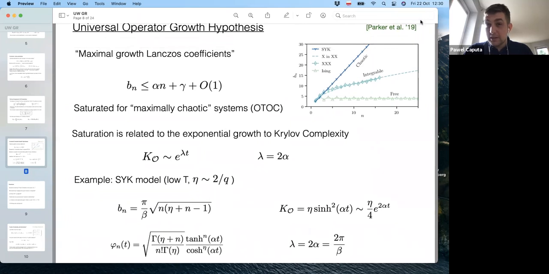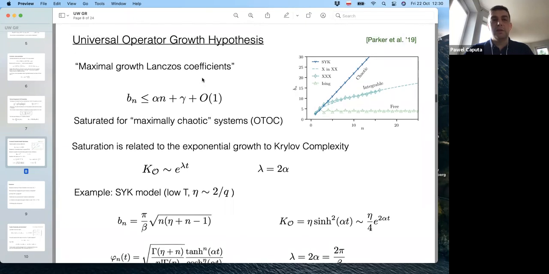So Parker et al., the group at Berkeley, studied this operator growth and Lanczos coefficients in a zoo of models that they could either solve explicitly by doing the Lanczos algorithm or find in the literature. They noticed that one can make this universal operator growth hypothesis and conjecture that no matter which model you study, they never grow more than linearly in n.